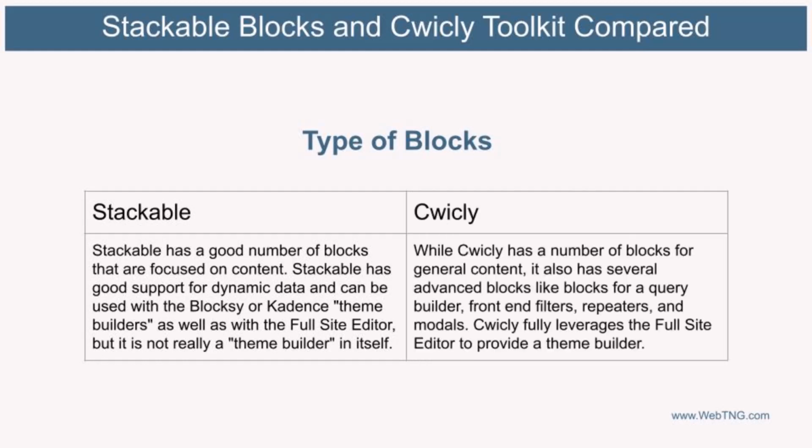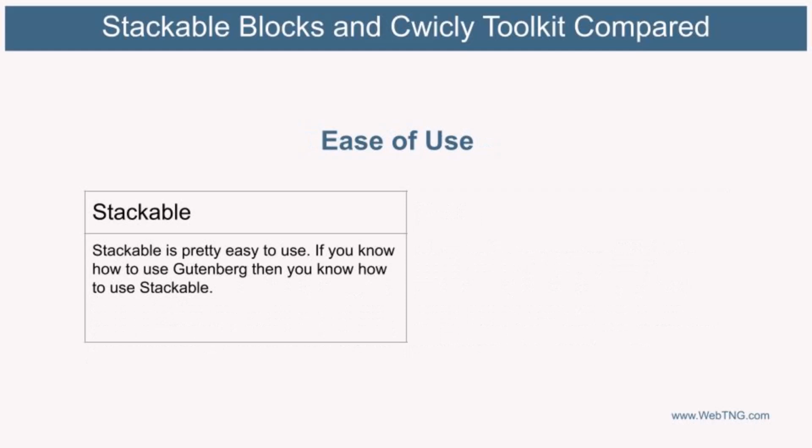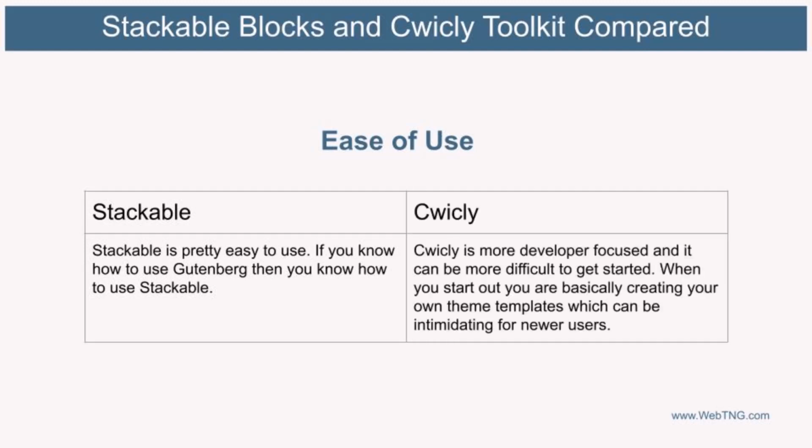Now, Cwicly has a number of blocks for general content, but it also has some advanced blocks like a query builder, front-end filters, repeater, and modals, and Cwicly leverages the full site editor to provide a theme builder functionality. In terms of ease of use, Stackable is pretty easy to use. If you know how to use Gutenberg, then you know how to use Stackable. Cwicly is more developer focused. It can be more difficult to get started. When you start out, you're basically creating your own theme templates, and that can be intimidating for newer users.